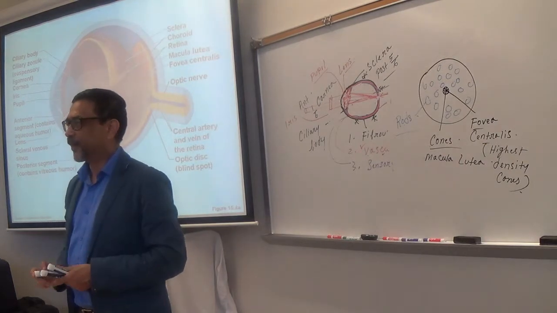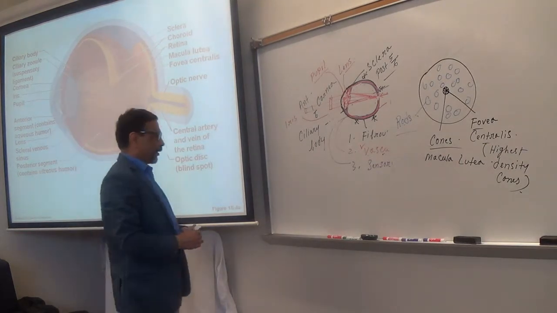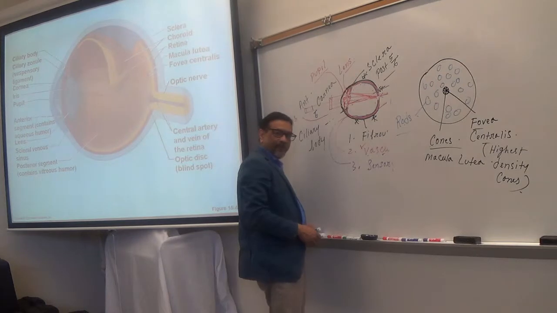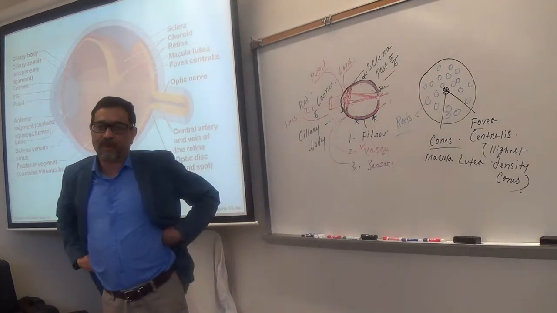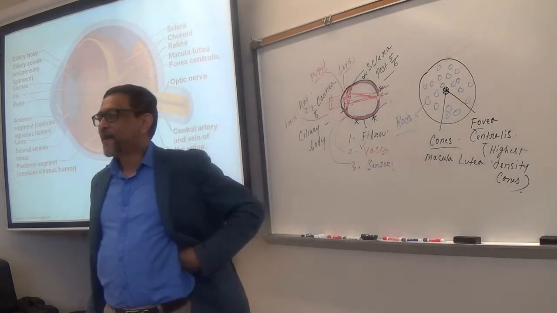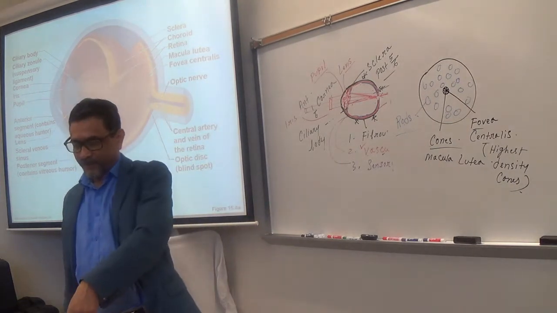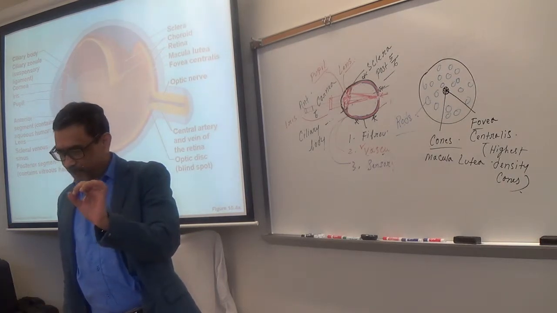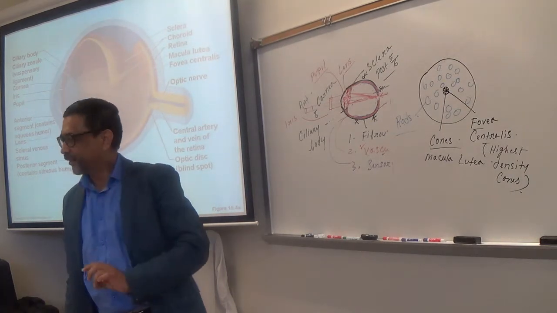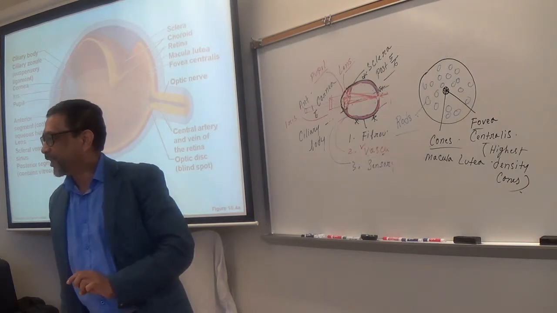Make sense? Okay, good. Now, in the human retina, how many different types of cones do you have? Anybody? Do you have any idea? Yes. What are those? Red, blue, green. Three types of cones in the human retina.